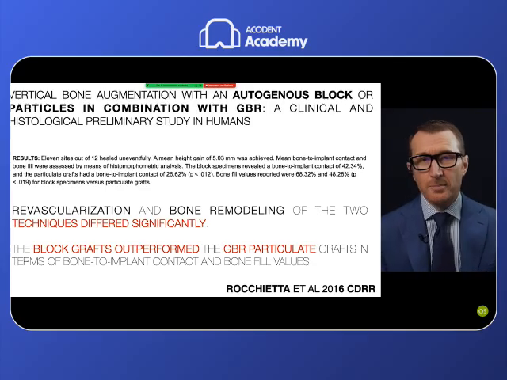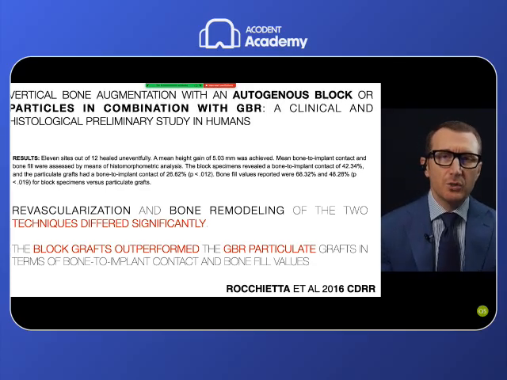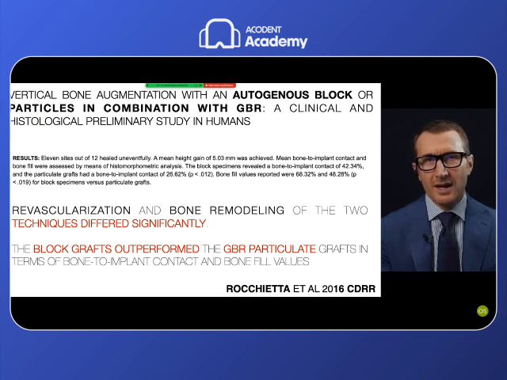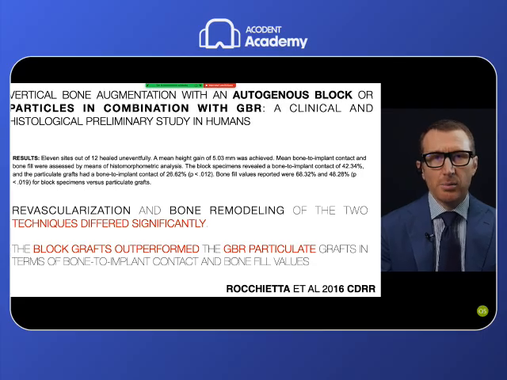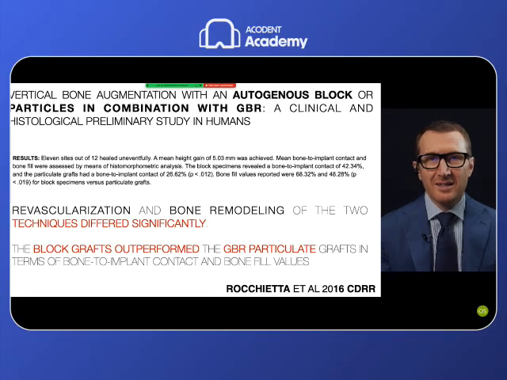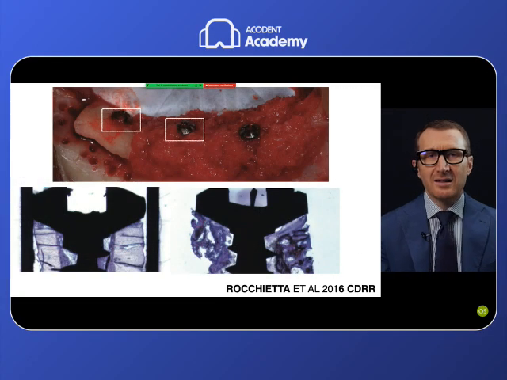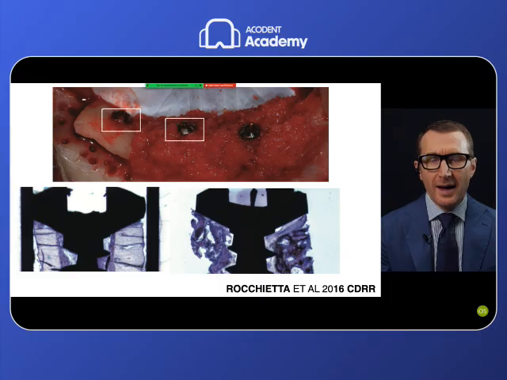And if you look at this paper, it seems at first view to be exactly the opposite of what I have said. In this paper, Rocchietta and the other authors compare, in a GBR scenario, block versus particulated material. But in this study, they just analyze the space between the threads of this osteosynthesis screw in the particulated area and in the block area.